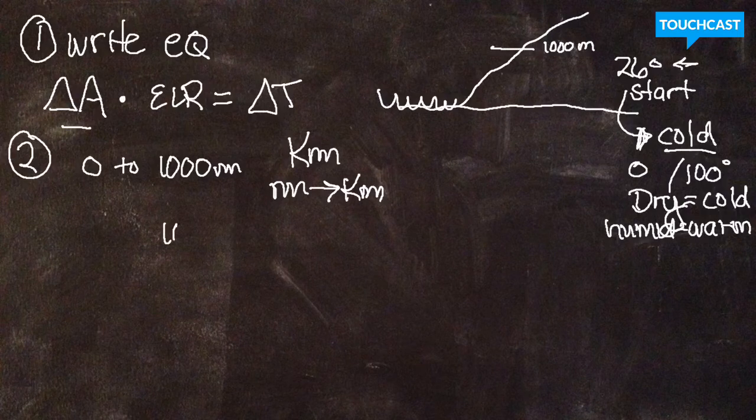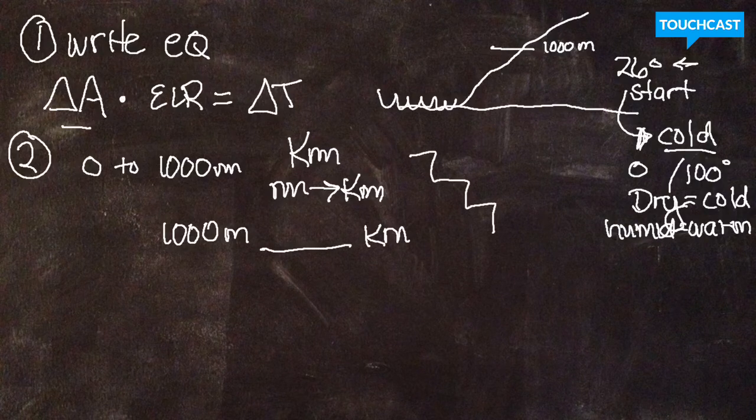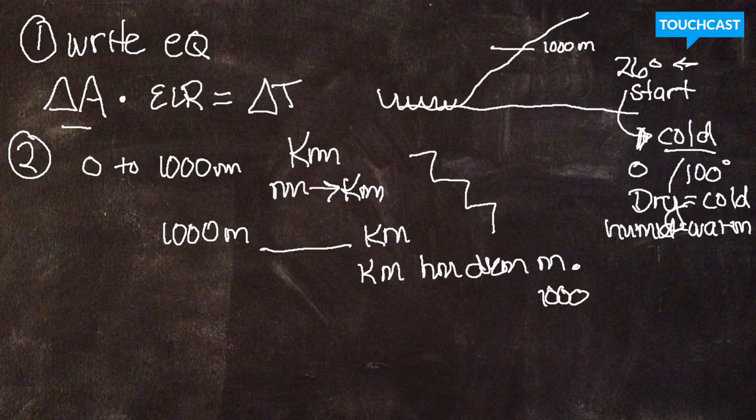If you remember these problems where you had the little stair steps, kilometers, hectometers, decameters, and meters, we have 1,000. We're starting here, 1, 2, 3 bubbles, 1, 2, 3 bubbles. So we know that we have 1 kilometer.